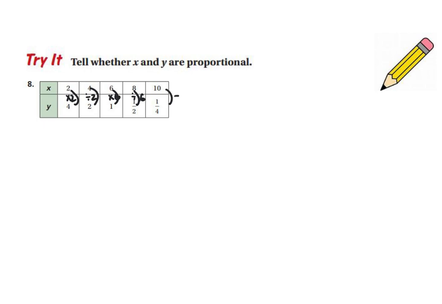And 10 divided by 40 is a fourth. No, not proportional. This is definitely not invariant.